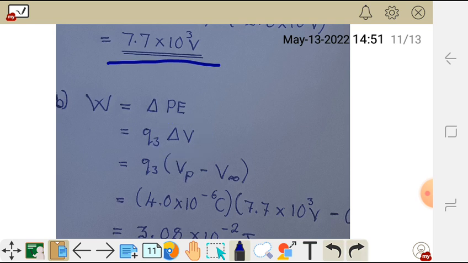In this case, the potential at P, where that charge is coming. So it's coming from infinity to point P. That's what the question is saying.